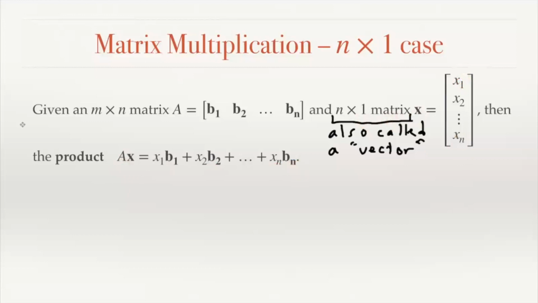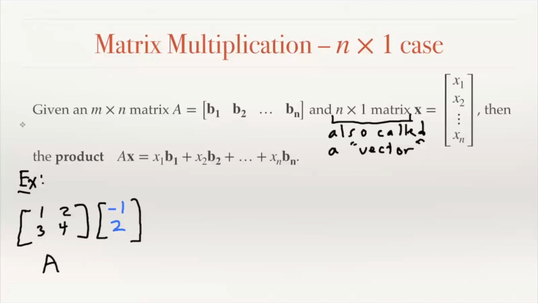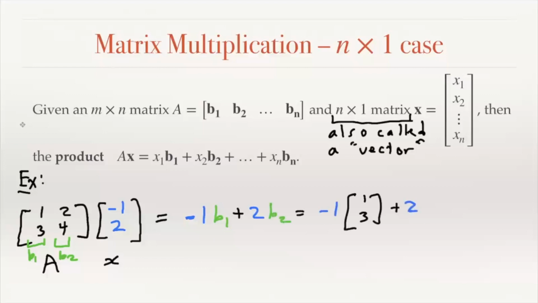So for example, if this is our A times X, what this is saying is we have columns b1 and b2, and this product is x1 b1 plus x2 b2. So that's -1 times 1, 3, plus 2 times 2, 4.